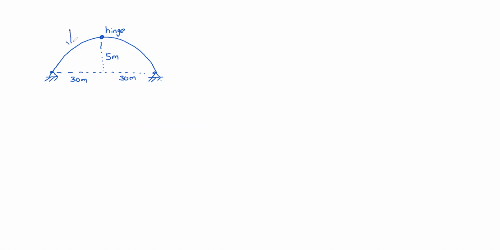Suppose one load is there here at 15 meter. Some P load is there. Otherwise, okay, P equal to some 100 kilonewtons load is there, at a distance of 15 meters, okay. Find horizontal thrust.